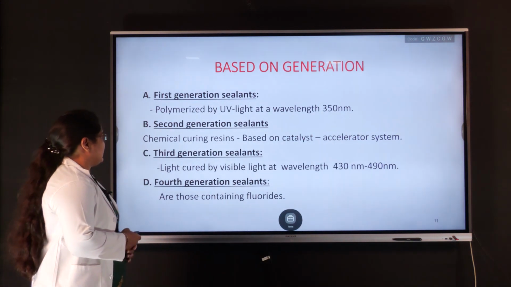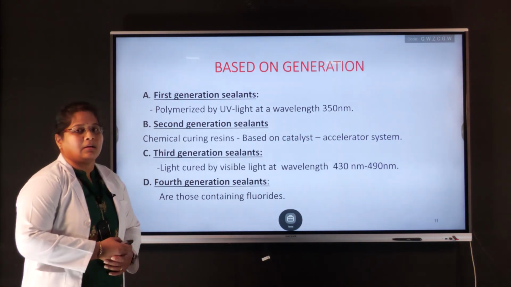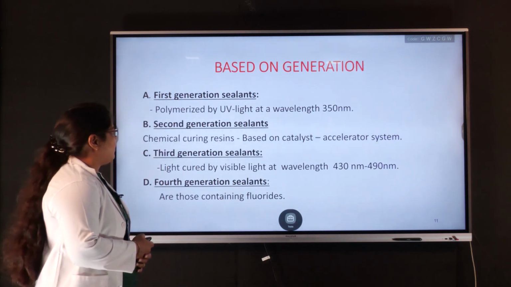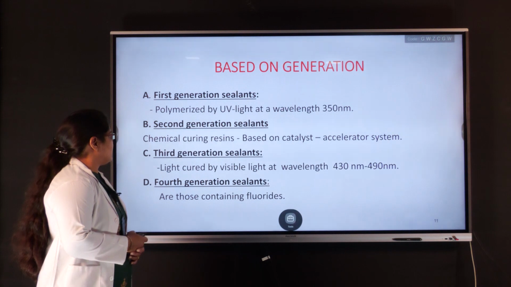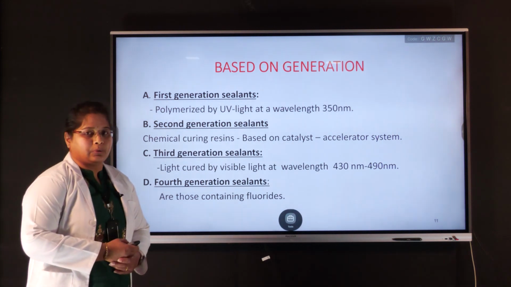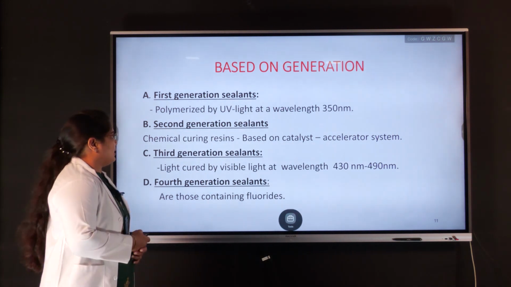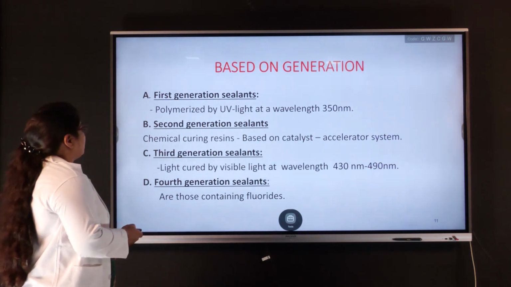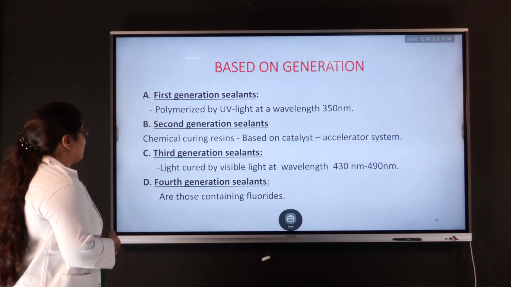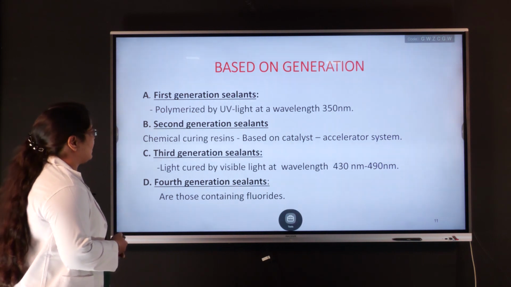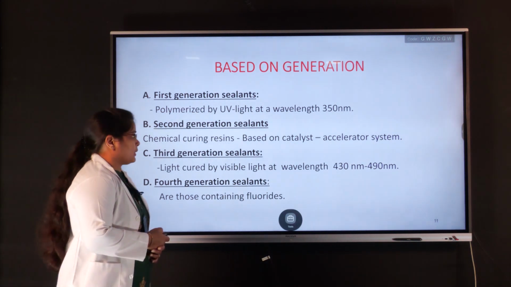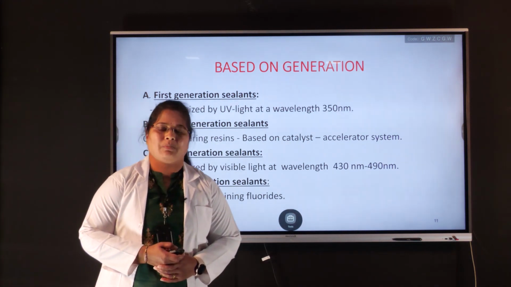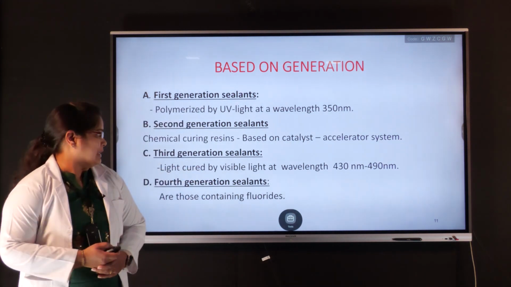Based on the generation, first generation sealants are polymerized by UV light at a wavelength of 350 nanometers. Second generation sealants are chemically cured. They are initiated by a catalyst accelerated system. Delton and Concise are examples of second generation, chemically curing sealants.